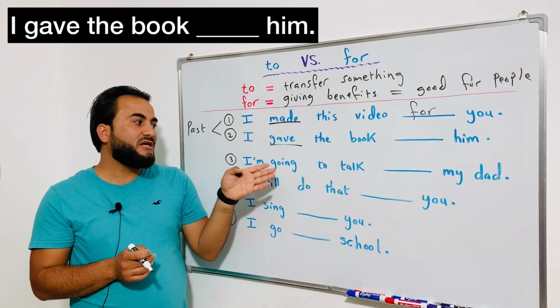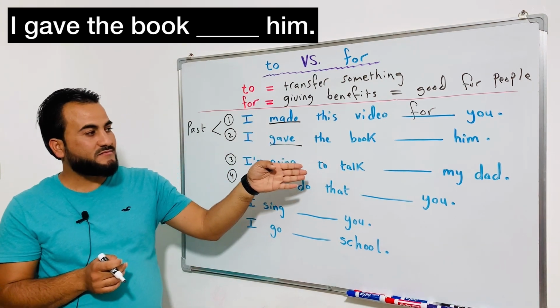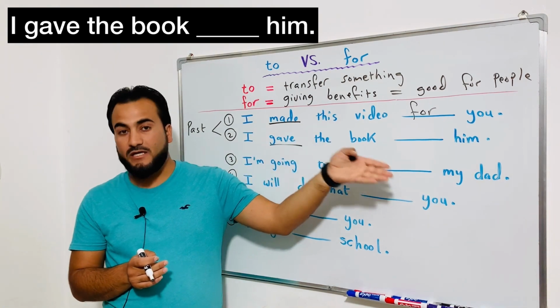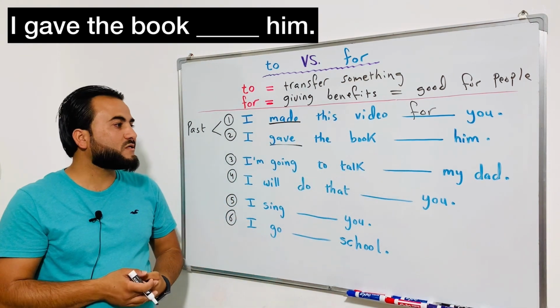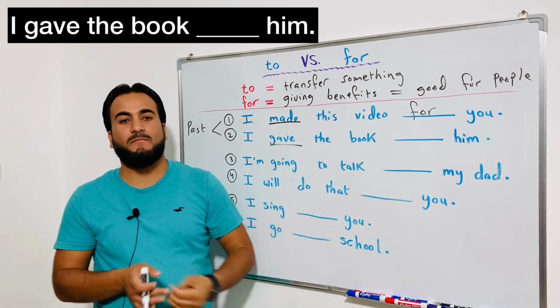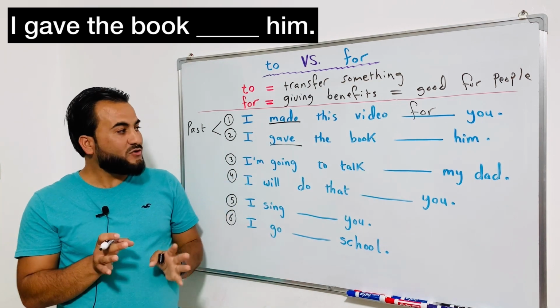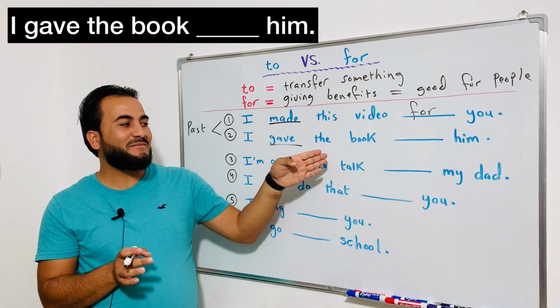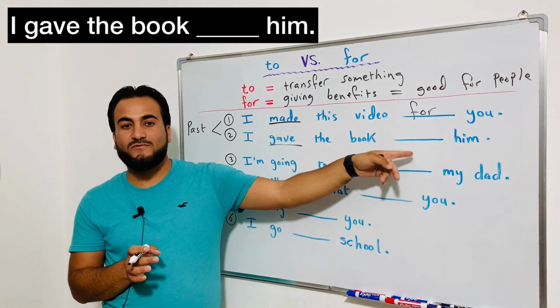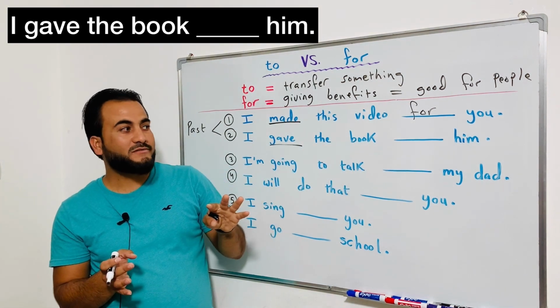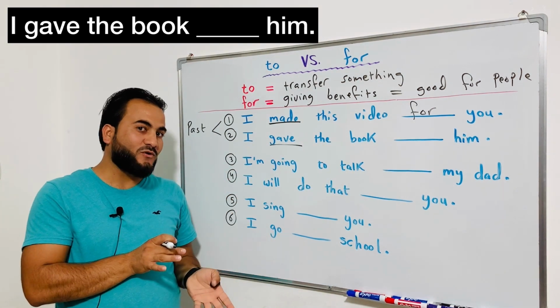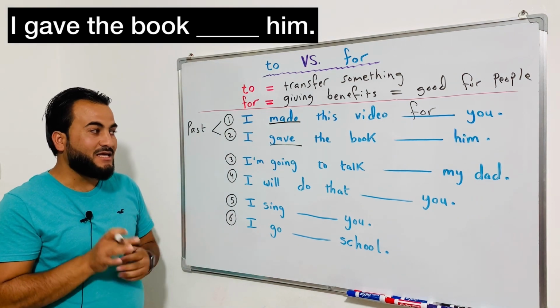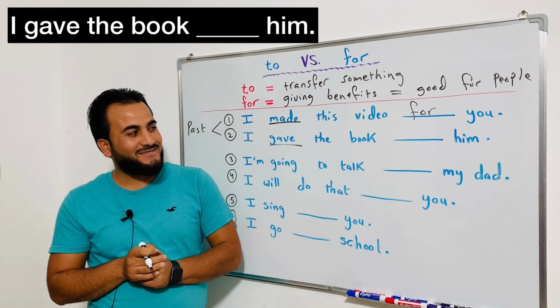Number 2. I gave the book for him or to him. إذن هون أنا أعطيت الكتاب إله. To or for. What do you think? Okay.